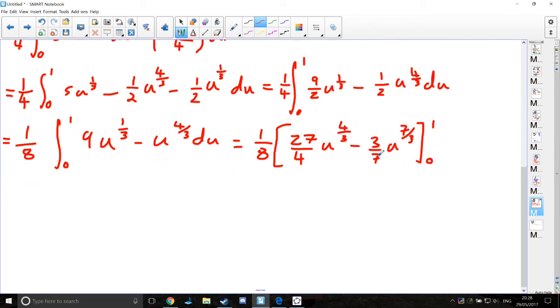So in this one, it's really quite nice with this 0. If I sub 0 in, I will get 0. There's no exponentials, there's no causes, so that's all well and good. Okay, so I just need to sub in 1. So I end up with an 1/8 times 27 over 4 minus 3/7.